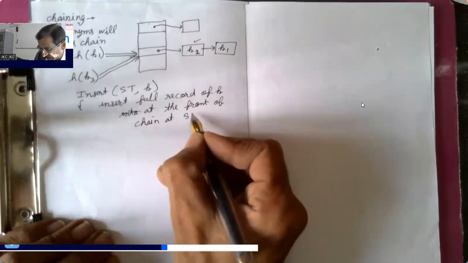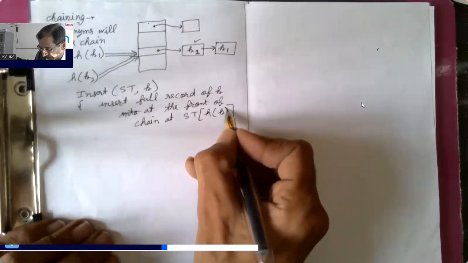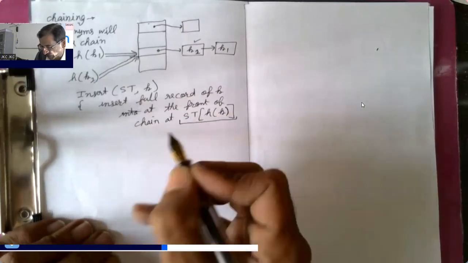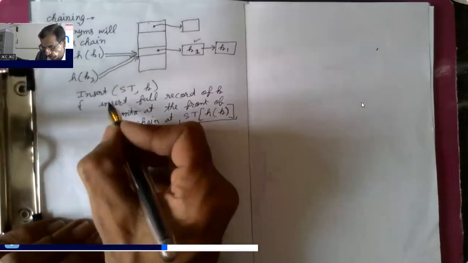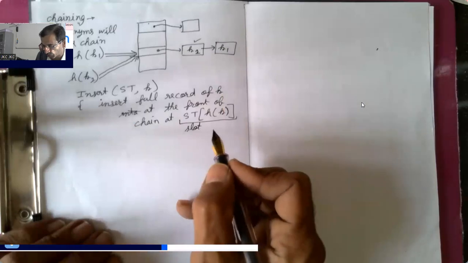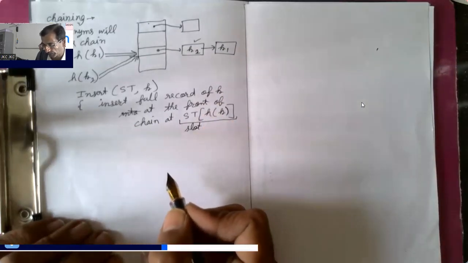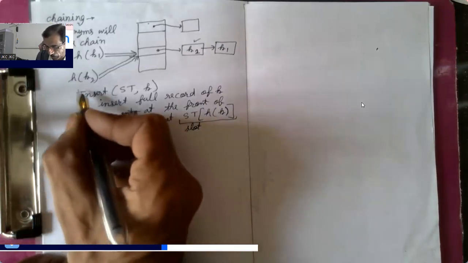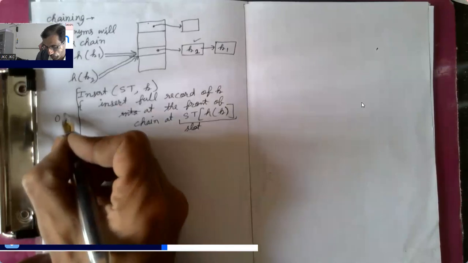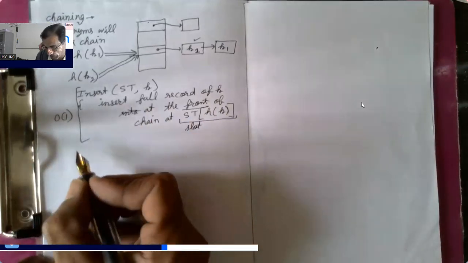At T of h of K. h of K is the corresponding index, and at this slot the corresponding record will be saved. This will become the place where I record all this data, and this will be the insertion. Obviously, insertion can be order of 1 because insertion at the front makes things easier.